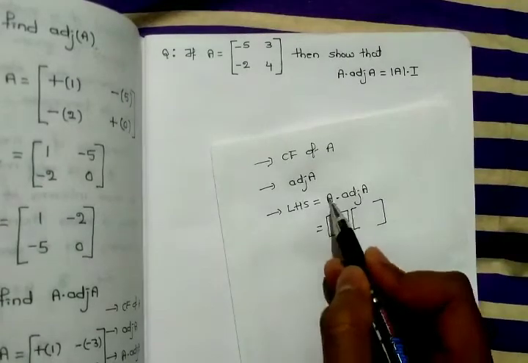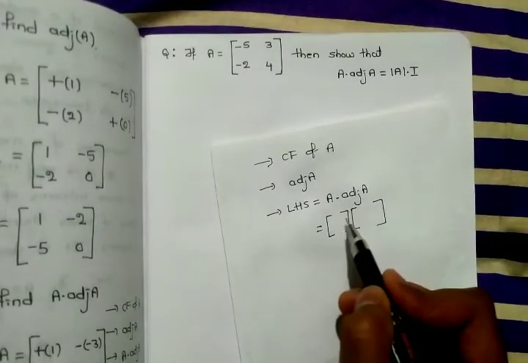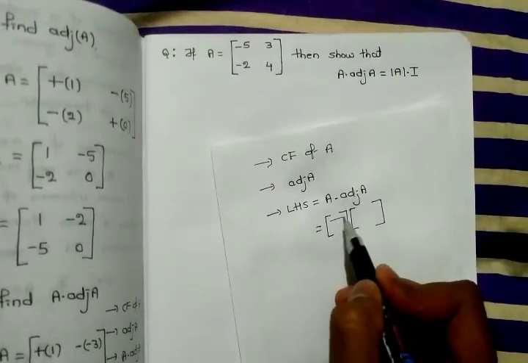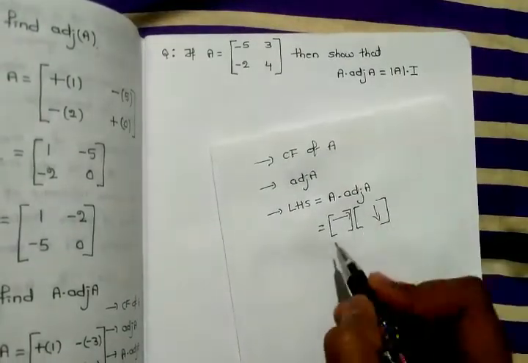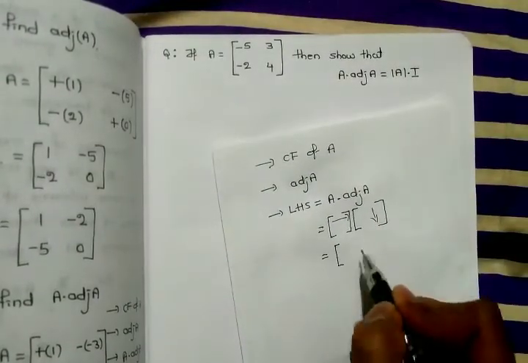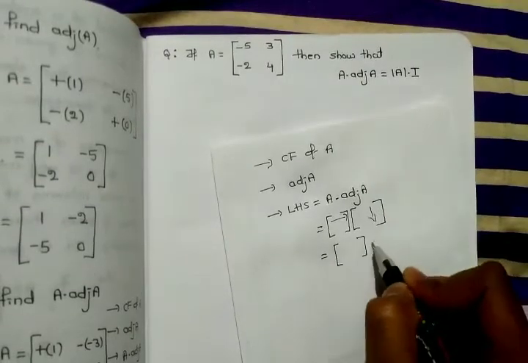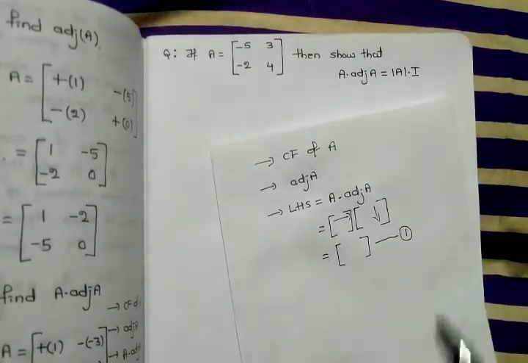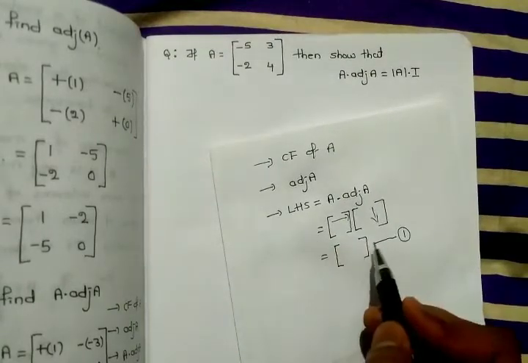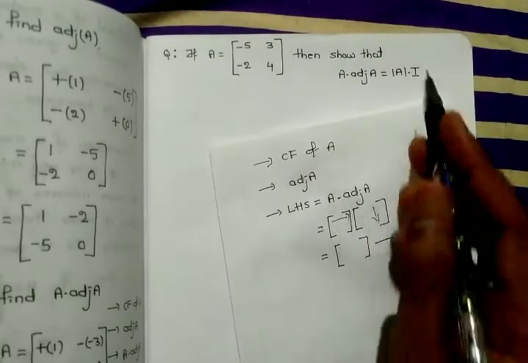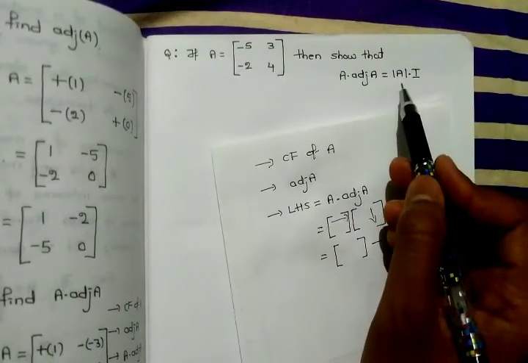In between these two, a multiplication sign is there, so apply the multiplication rule, row with column. So you get one value here. Call this 1.